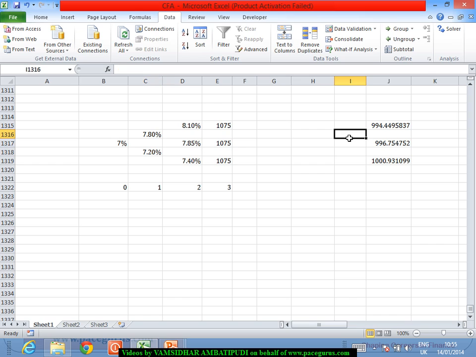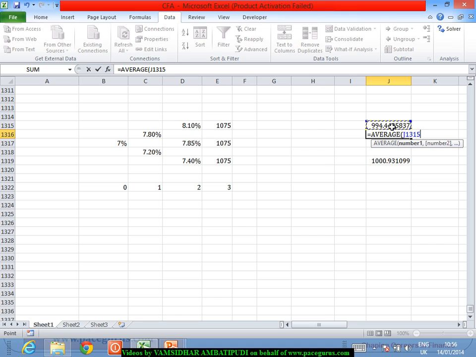So the better way to work out here always is, if I want to find out the present value here, I will take a 50% chance of going up. So if it is going to 8.1, the value of the bond is going to be 994 at that time. So there is a 50% chance that we are talking about a 994 or 996 with equal probability. So I will try to find out the expected value, which is nothing but the average of these two things.